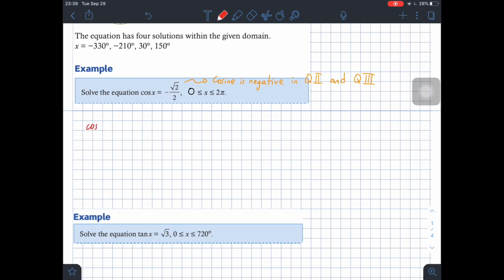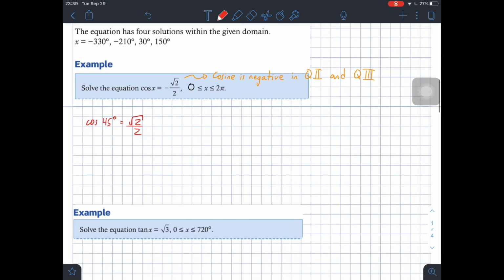Okay, so maybe we should be working with something related to this angle. This angle is in the first quadrant. So maybe if we find the equivalent angle that gives us a negative value for square root of 2 over 2 in the second quadrant, that will be our first answer, okay?